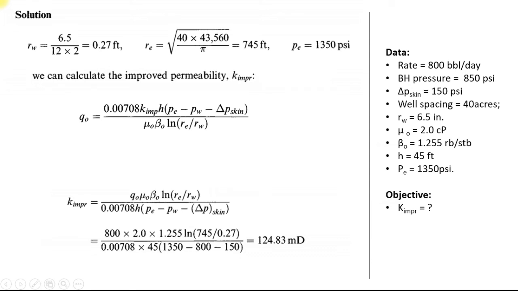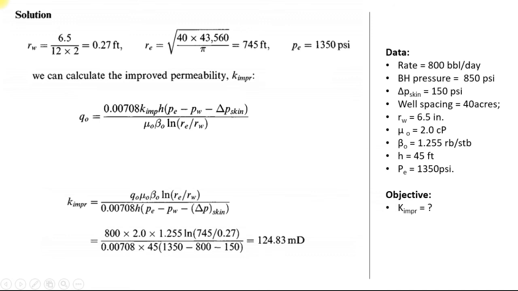The flow rate is 800 barrels, the oil viscosity is 2 cp, then the formation volume factor, which is 1.255 reservoir barrel per STB, and then the logarithm of the radius of our reservoir divided by the radius of our well, both in feet. Then this factor is basically a conversion factor which incorporates all the units together.